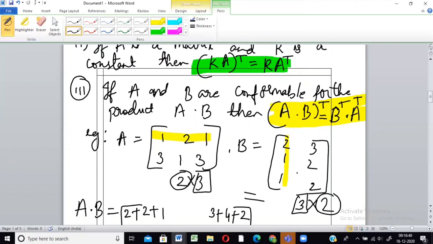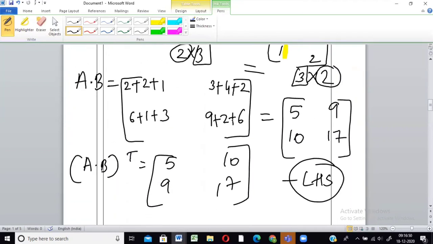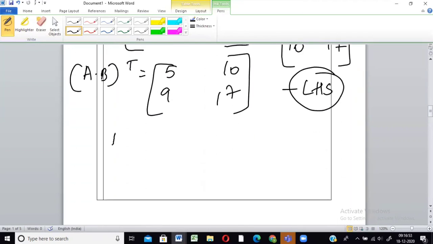So B we have, B's transpose we can easily find out. A we have, A's transpose we can easily find out. Then we have to multiply those two. Alright? So B is this thing, we'll find its transpose and I'll write its transpose over here. So B transpose is nothing but 2, 3, 1, 2, 1, 2.